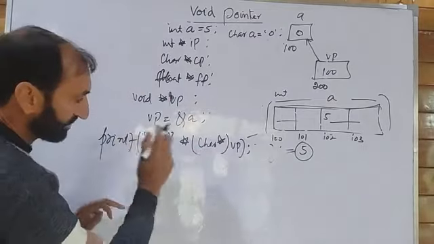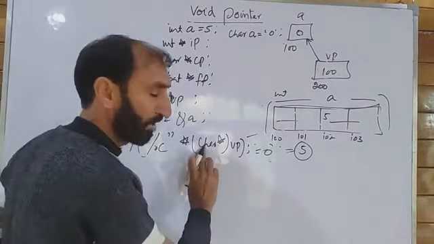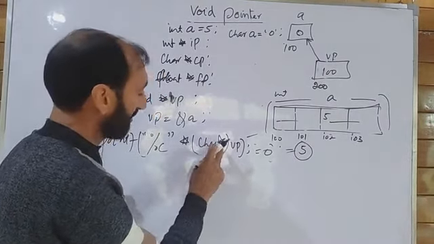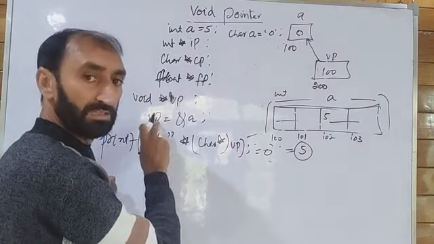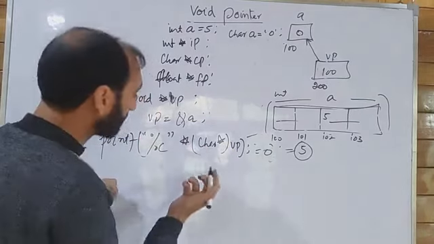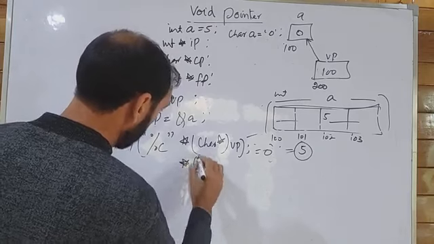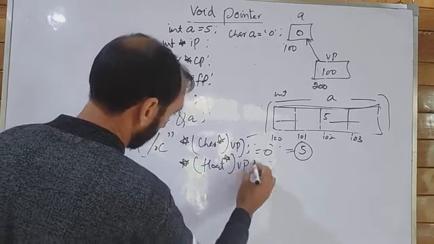After executing this instruction the output will be '0', because I have typecasted here. This tells the compiler that this VP stores the address of a variable whose data type is char. And obviously for float, the same instruction with float cast of VP.